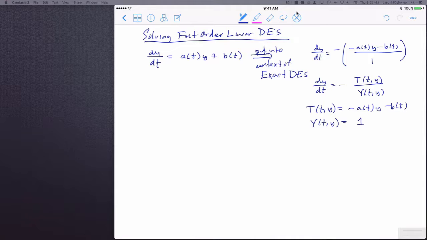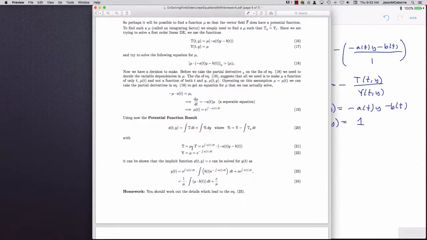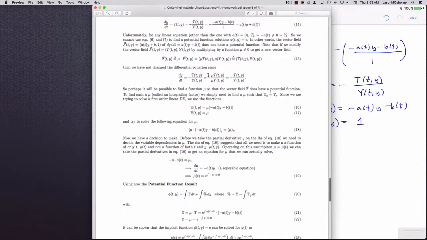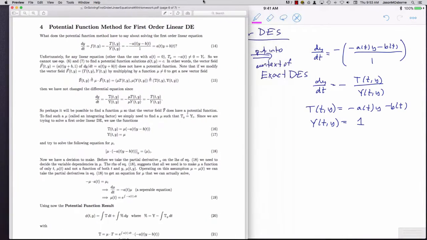Okay, and this is exactly what the first part of our notes for this section are emphasizing. Equation 14 is saying exactly what I've written over here to the right.